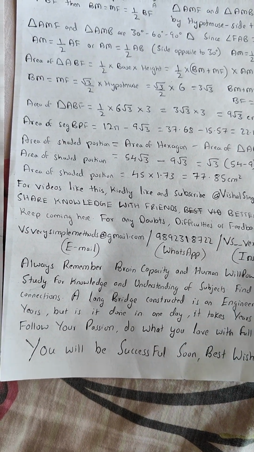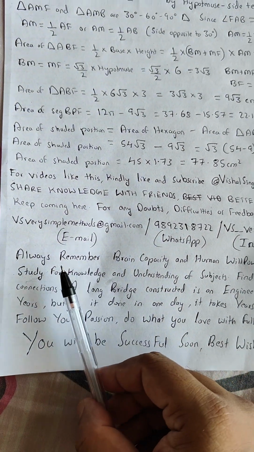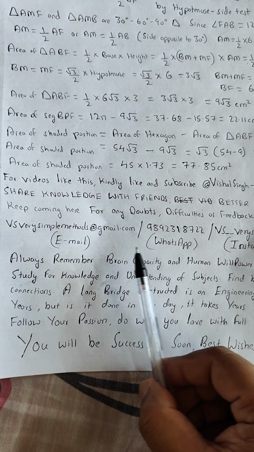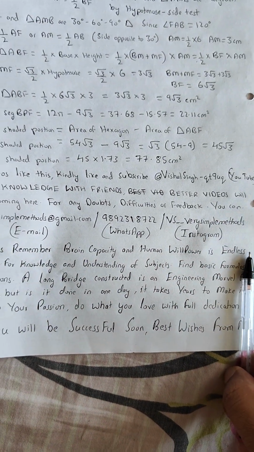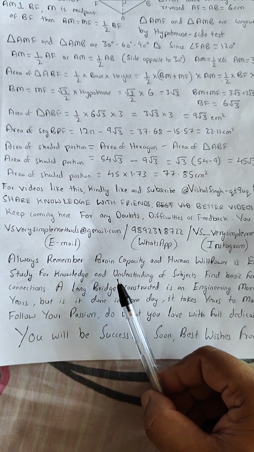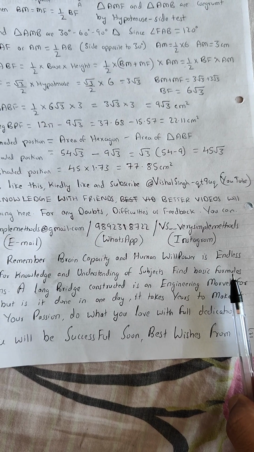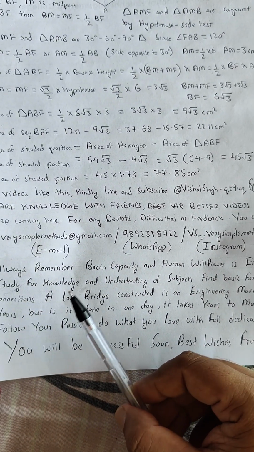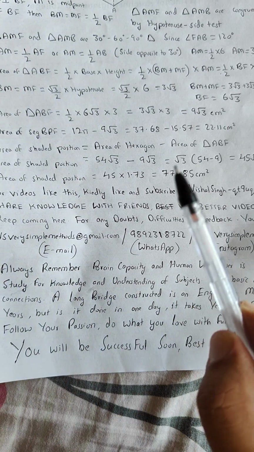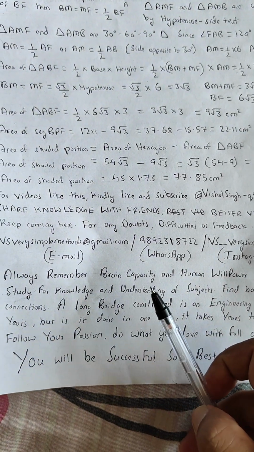Since I've got very tired explaining all this entire explanation, I would just read what I wanted to highlight. Always remember, brain capacity and human willpower is endless. Study for knowledge and understanding of subjects. Find basic formulas, connections. Now this I have said because if you know every basic, each and everything from start to end, you can always solve any kind of question.